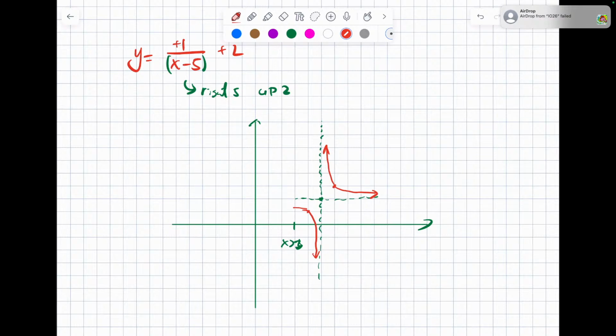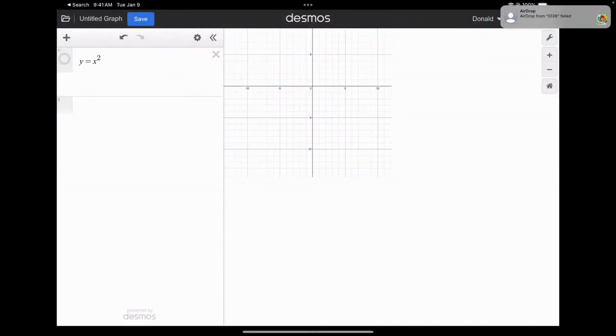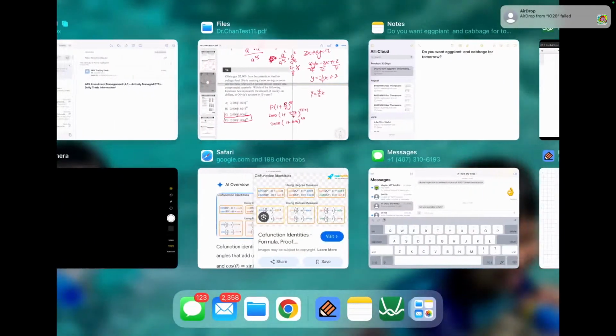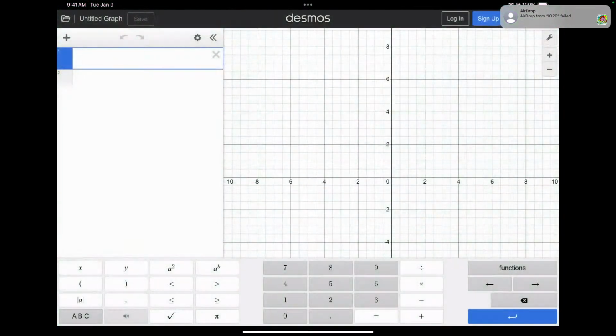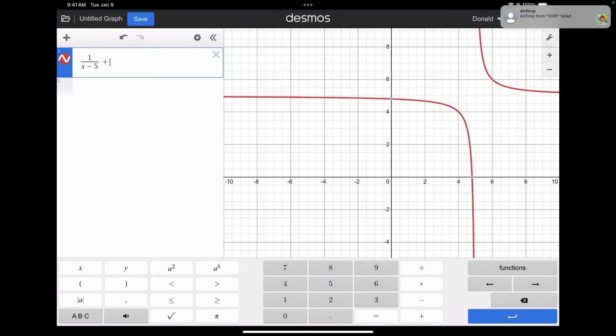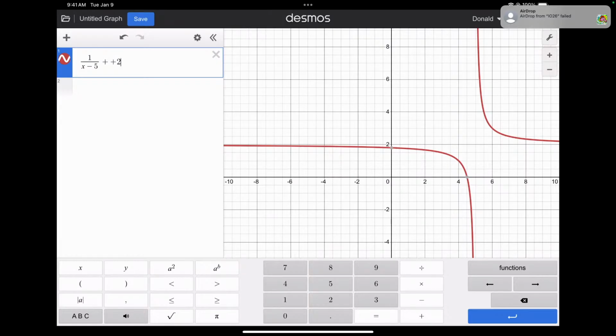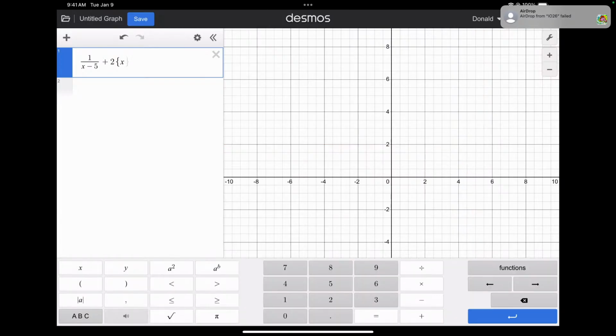If you grab on the Desmos, if you see here, I'm going to show you on Desmos. So if you do your homework, please check your Desmos, like I say. Here it's going to be 1 over x minus 5, right? Plus 2. And plus 2 here. Oops. Well, that doesn't matter. And the restriction is x is greater than 3.